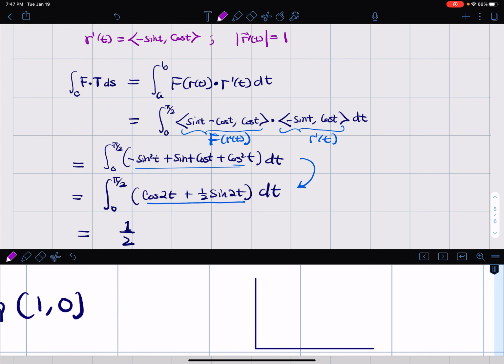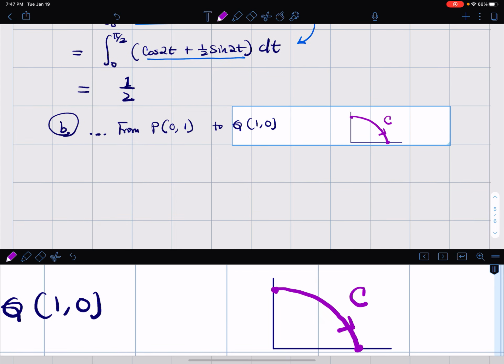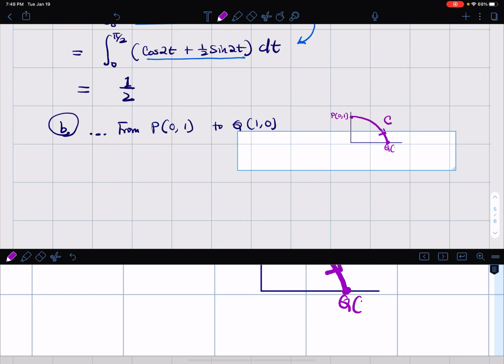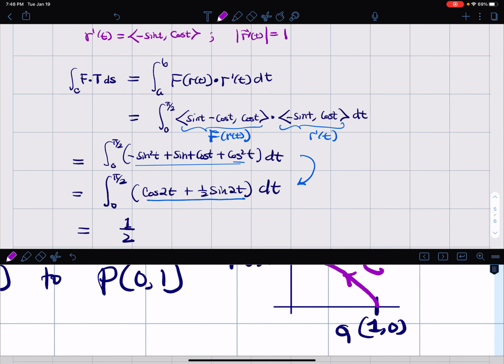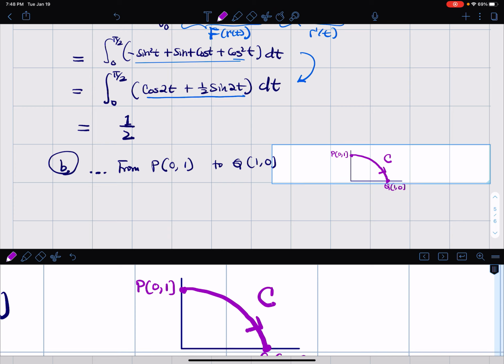You're going this way, in this direction. So if the first one is C, the second one is negative C.